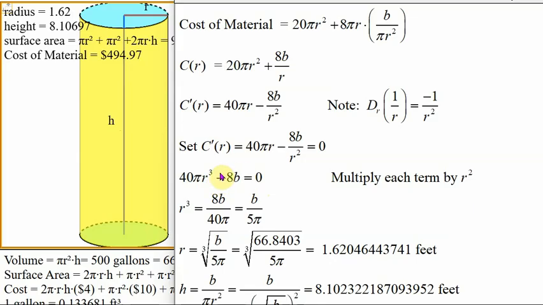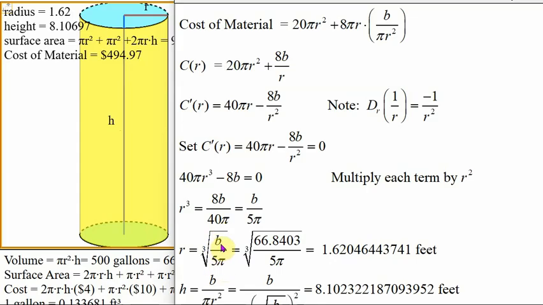Move this term to the right and divide by 40 pi. Then r to the third is 8B over 40 pi, which is B over 5 pi. So the radius is the cube root of B over 5 pi.